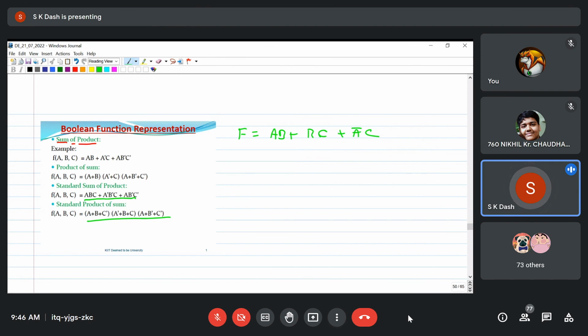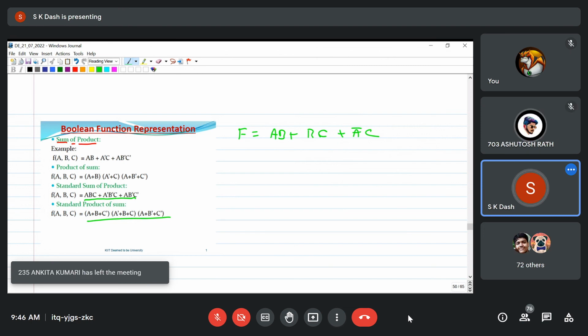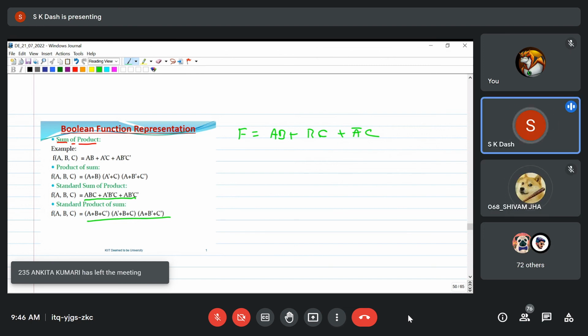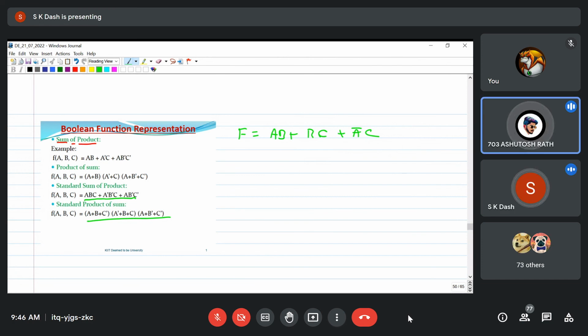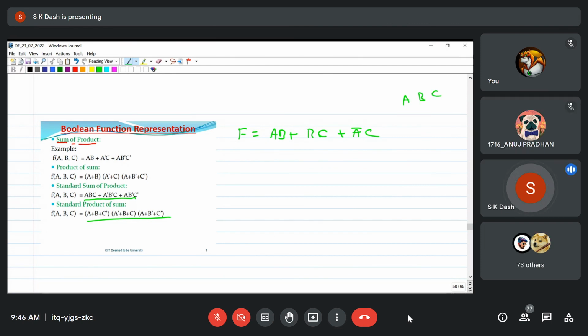Can you identify this? No, sir. Can't say. Okay, why? There are three input variables, but in this expression, it consists of A, B, C, so here 2, here 2, here 2. So it is not in a standard form. So it is only sum of product. Okay.